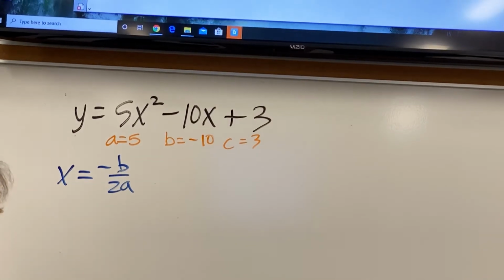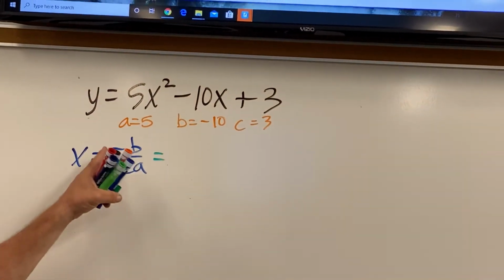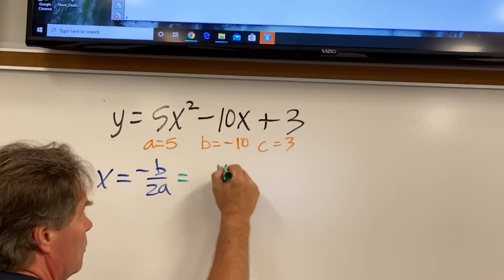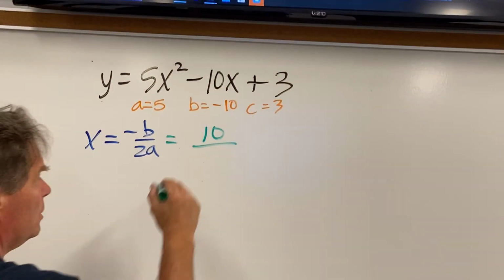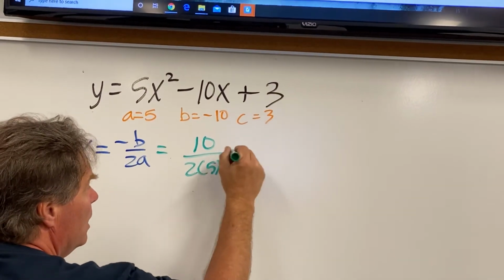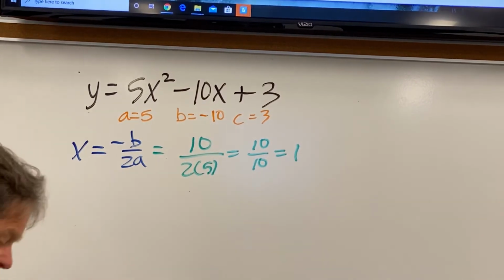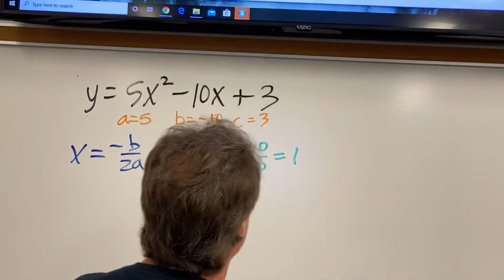So, x equals negative b over 2a. What is the opposite of b? The opposite of negative 10 is regular 10, over 2a. 2 times 5, a is 5. So I get 10 over 10 is 1. So x equals 1 is the x coordinate of the vertex.